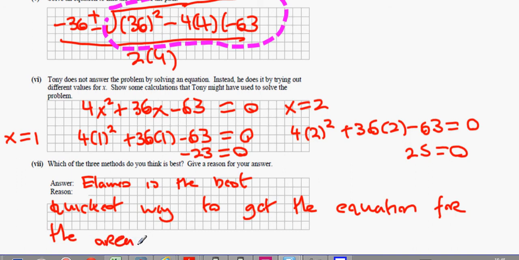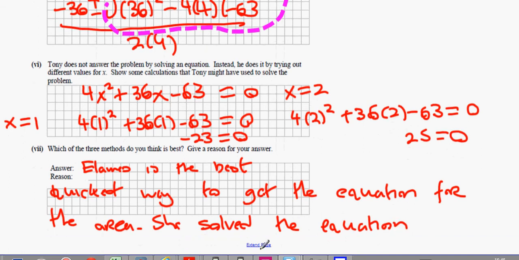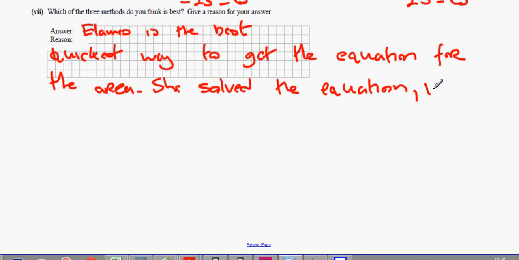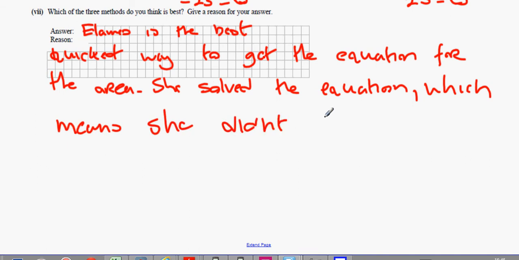And she solves the equation, which means she didn't spend too much time doing trial and error.